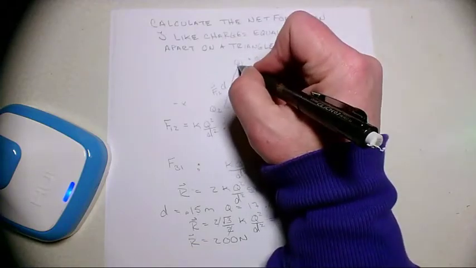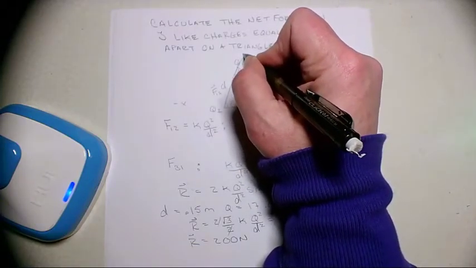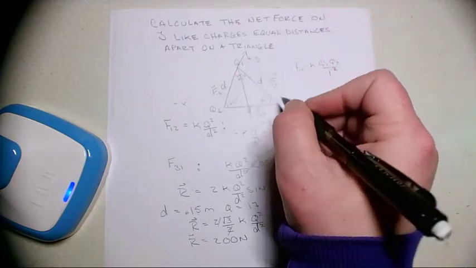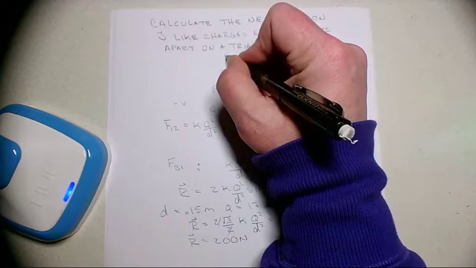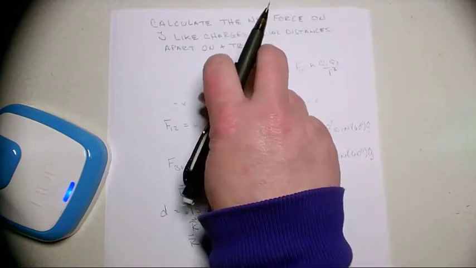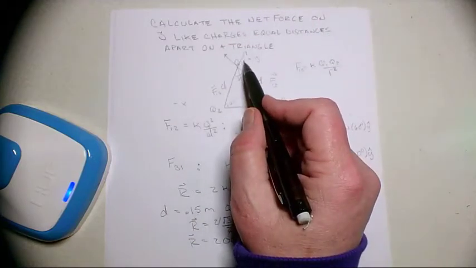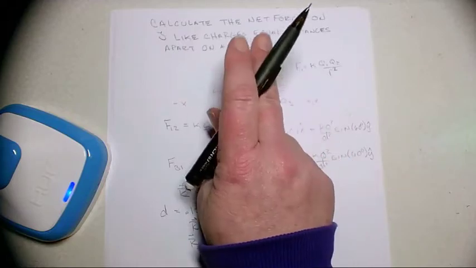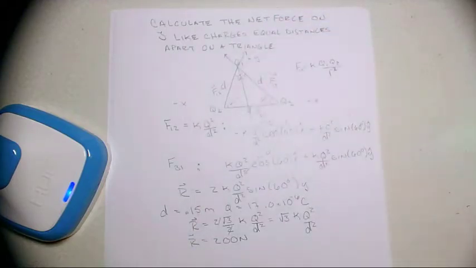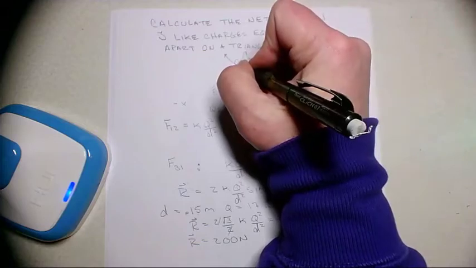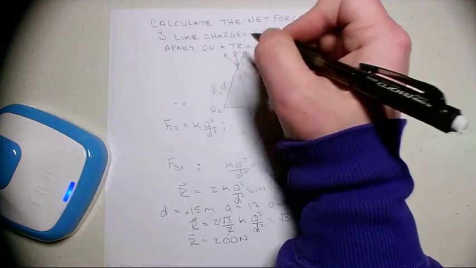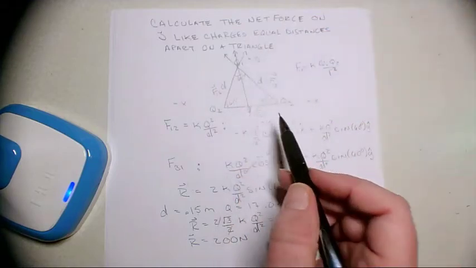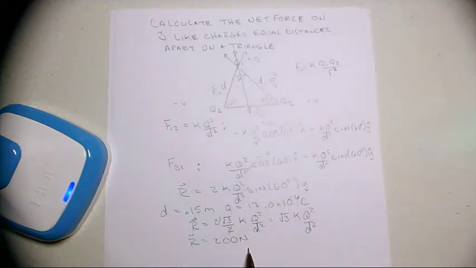It's going to push it this way. And from Q3, it's going to be equal and opposite. It's going to push it this way. So these two vectors here are going to be equal in magnitude, opposite in direction. So that would mean that my resultant is going to come straight up the y-axis, which is what did happen. And that gives us this 200 Newton force.